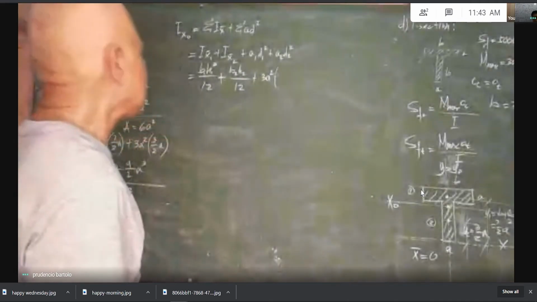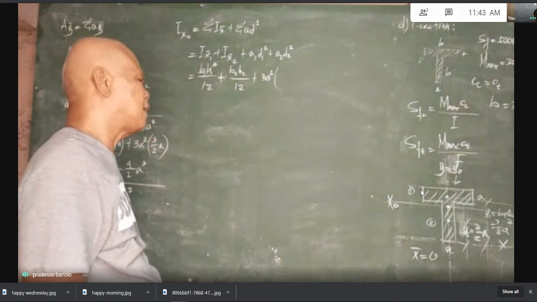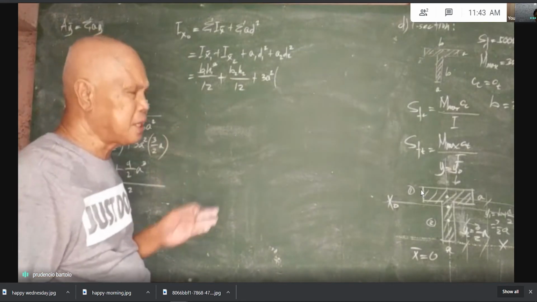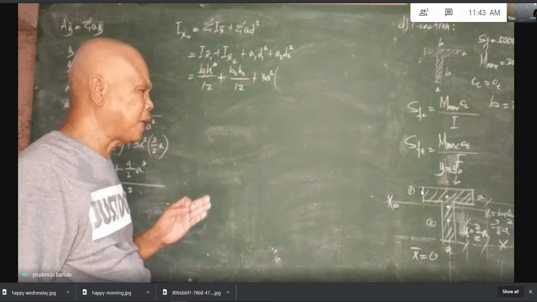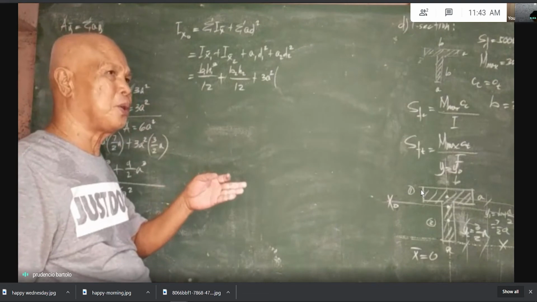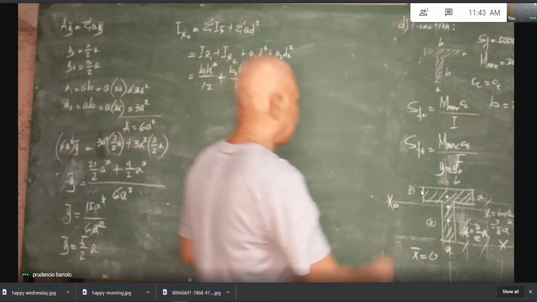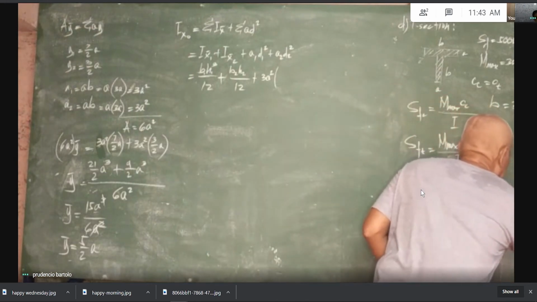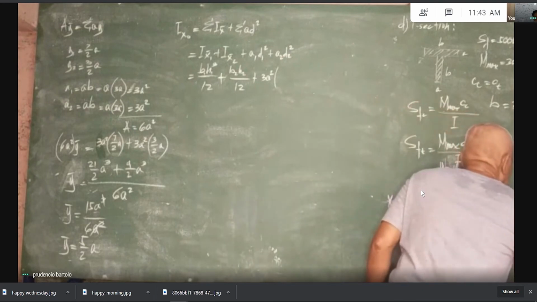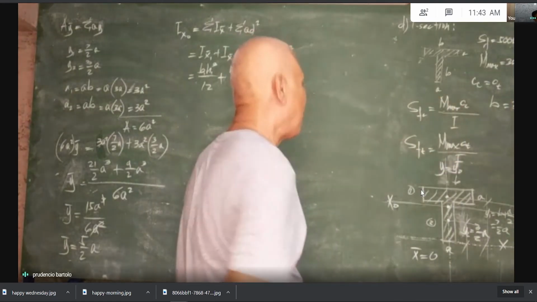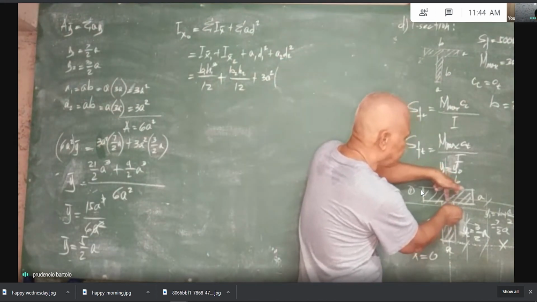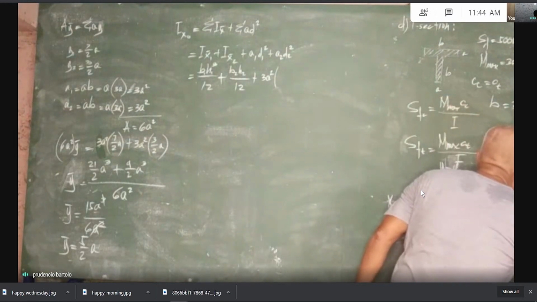The D1 element of figure number 1 is the distance from the centroid of the composite figure to the centroid of figure number 1. So this will now be the D sub 1. D sub 1 will now be equal to half of A here and another half of A in here, so that D sub 1 is simply A.